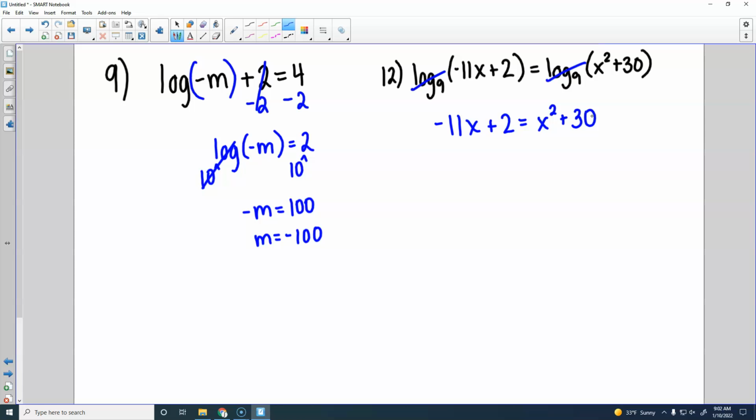We're going to factor. And before we can factor, we have to move everything to one side. I'm going to move it over here. We'll subtract this 2 from that 30. I'm going to make that 11 positive, so I'll get x squared plus 11x plus 28.